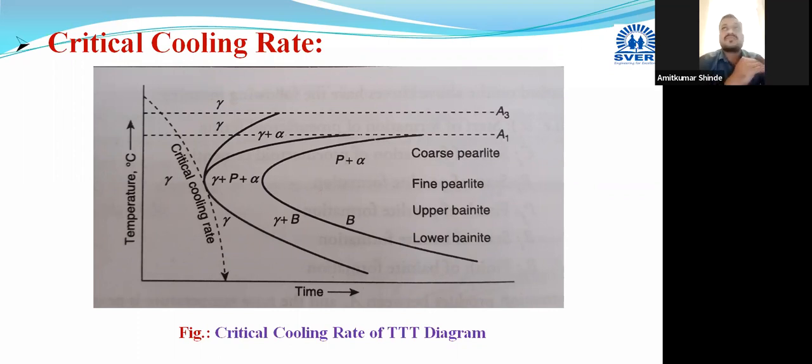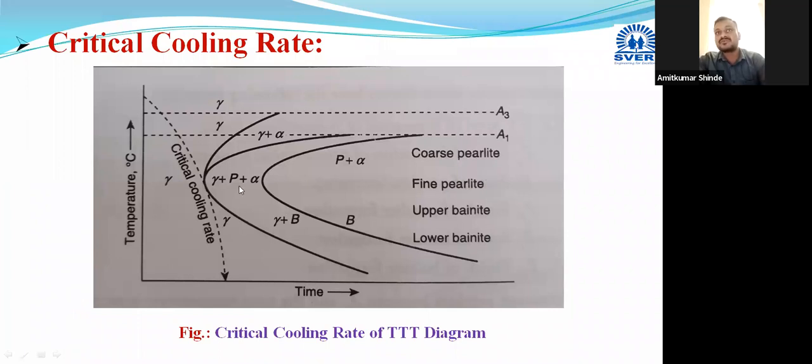But the formation of martensite is diffusionless. Hence the critical cooling rate can be termed as the cooling rate which suppresses the diffusion transformation.